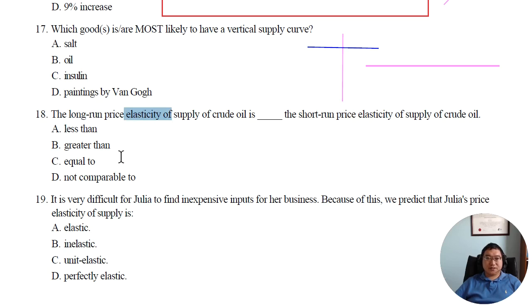This one's easier to understand, and the story I just talked about in question 17 actually answered the reason. With more time, the price elasticity of crude oil is higher.